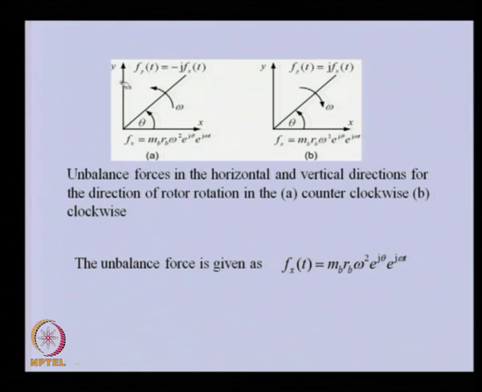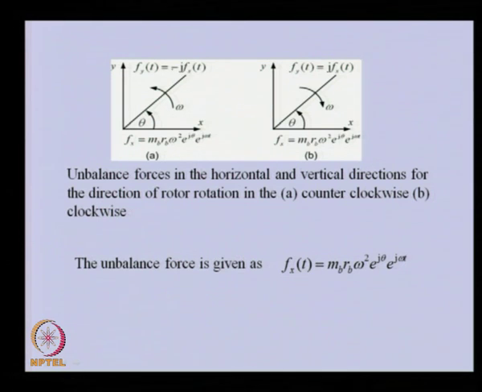So this y axis is lagging behind the x axis by 90 degrees. So Fx and Fy, because they are components of the same force and they have a phase difference of 90 degrees, they will be related by minus j, because this represents the minus 90 degree phase.